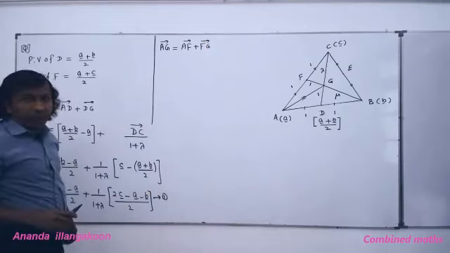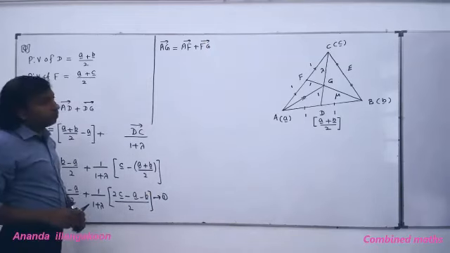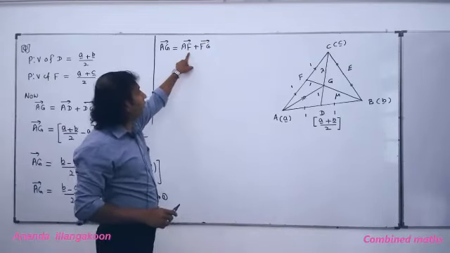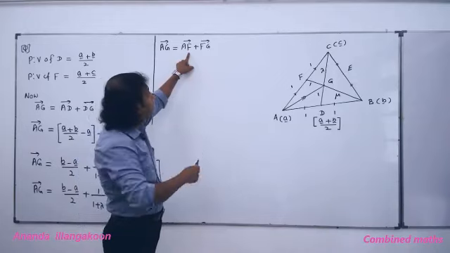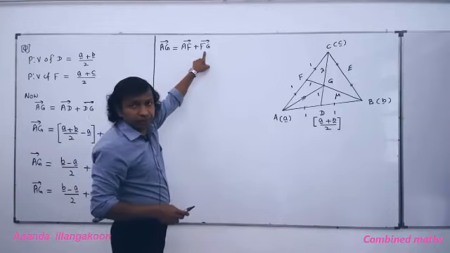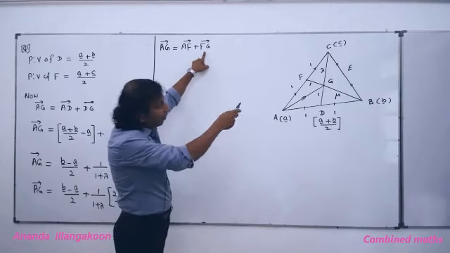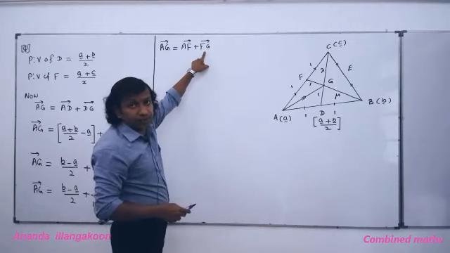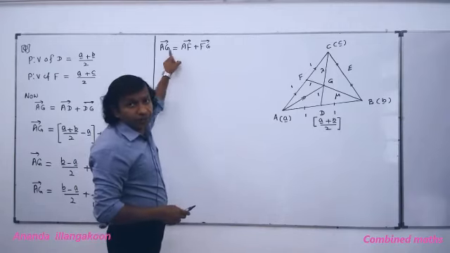Right? Now I'll give 2 minutes, people. Find this AF vector. Position vector of F is known. The FG vector can be found using the FB vector as a fraction. Okay? And give me this AG in the second form.